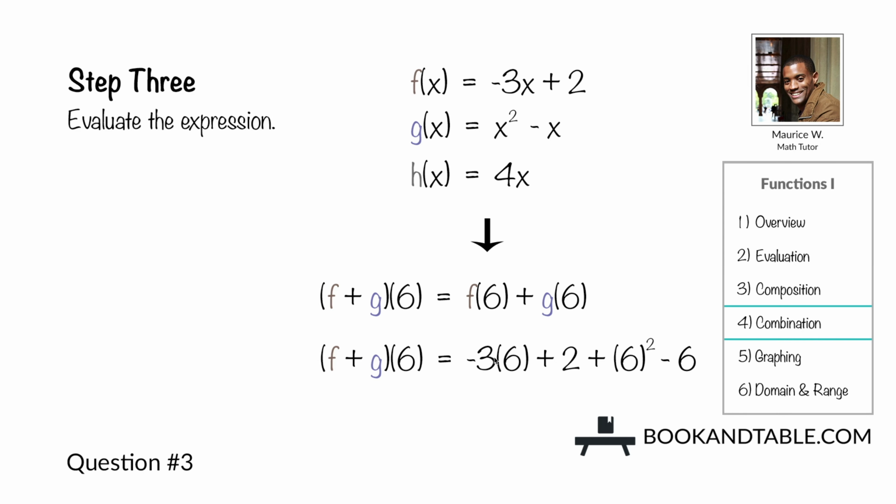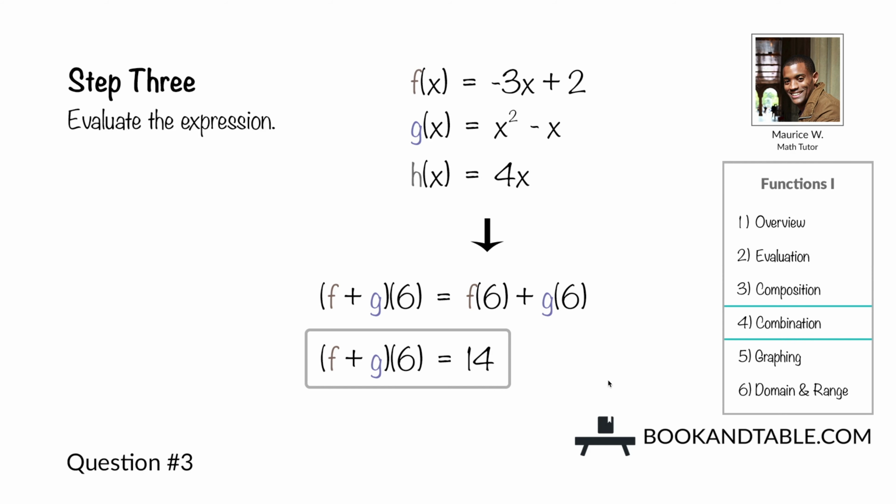And now we want to evaluate the expression. That would give us negative 3 times 6, which is negative 18, plus 2 plus 6 squared, which is 36, minus 6. And negative 18 plus 2 is negative 16, plus 36 would be positive 20, minus 6 would be positive 14. So the answer to question number 3 is f plus g of 6 is equal to 14.